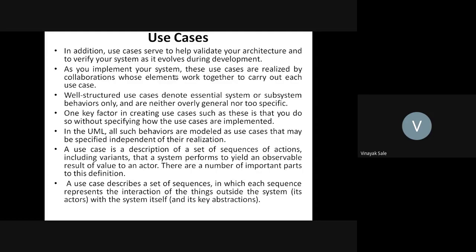There are a number of important parts in this definition. A use case describes a set of sequences in which each sequence represents the interaction of things outside the system, that is its actors, with the system itself, that is a key abstraction.